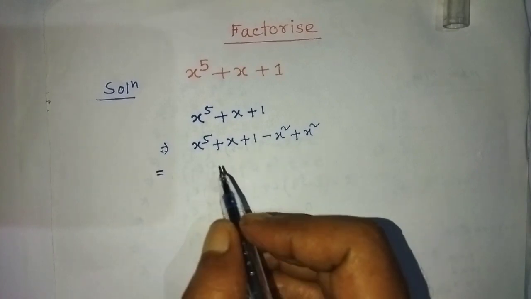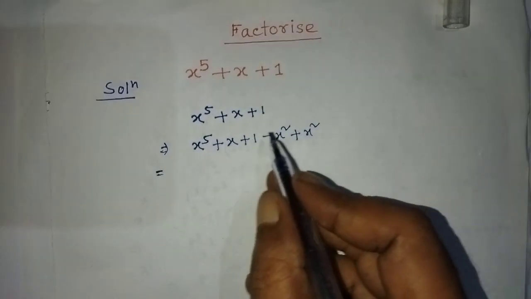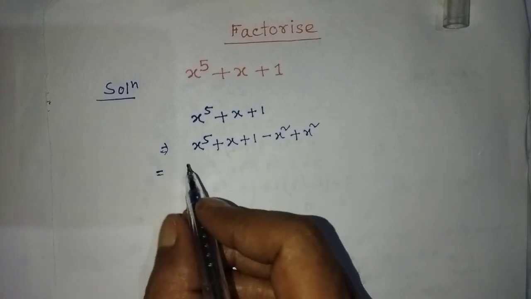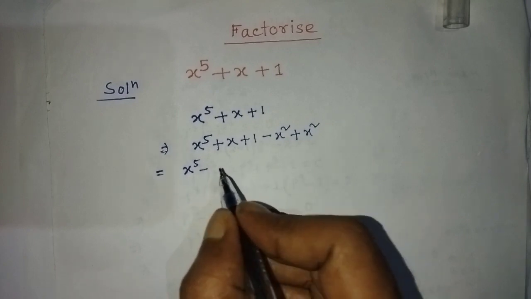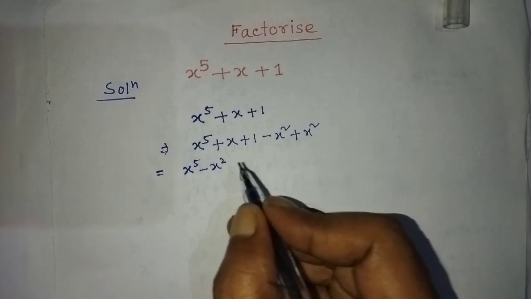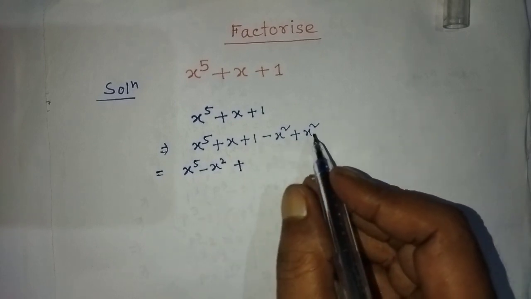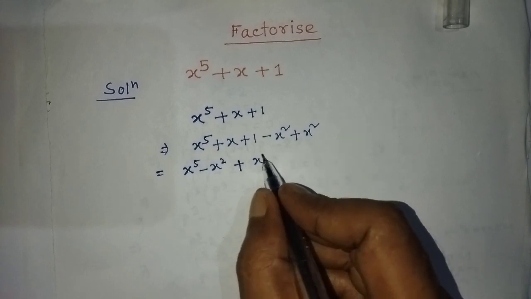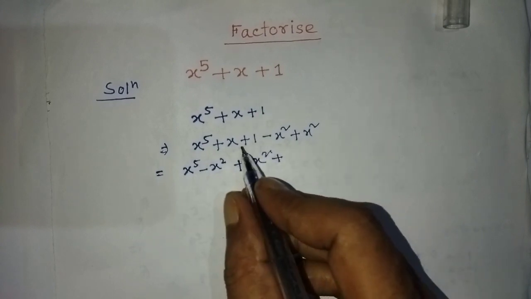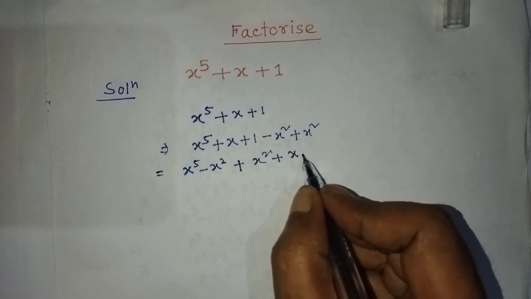After that we have to arrange these terms of the algebraic expression. We arrange x to the power 5 with minus x square, and we take a plus sign, and after that we write x square plus x plus 1.